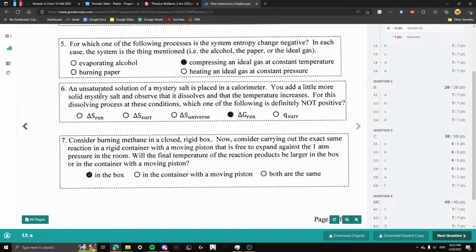And then an unsaturated solution of a mystery salt. You add a little and see that it disappears, and the temperature increases. Which of the following is definitely not positive?